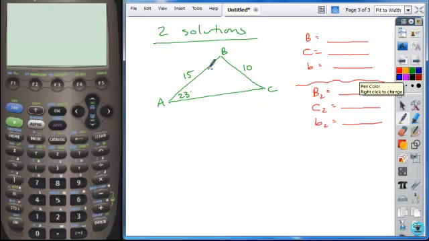We have a pattern of SSA. We do need to remember in the law of sines that we need to find our set ratio, the ratio that we know. So the ratio of our side to the angle is 10 and then sine of 23. So what's the measure that we can find given the side of 15?